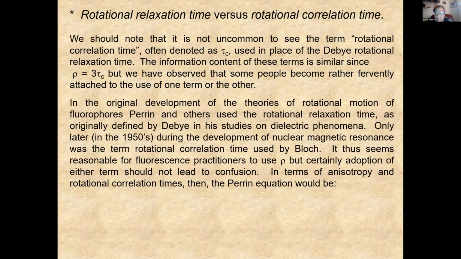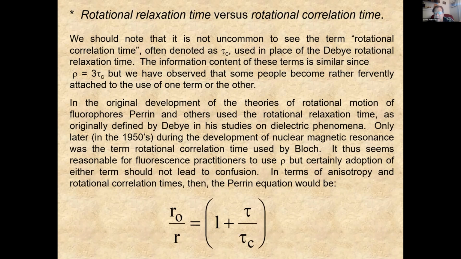Originally, when polarization was being developed, in the theories of Perrin, they studied the relaxation time already defined by Debye, who studied dielectric phenomena. It was only in the 1950s when Bloch was proposing NMR measurements that he got the term correlation time. So the important thing is just to know there's a difference, because when you're reading the literature, you can see one or the other.